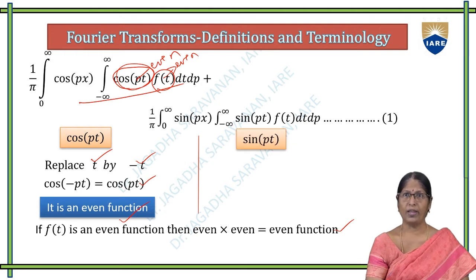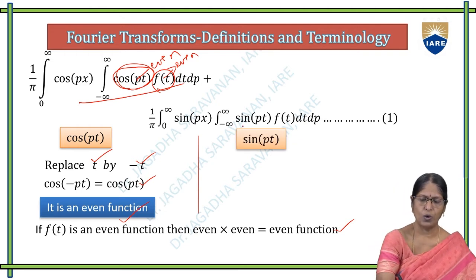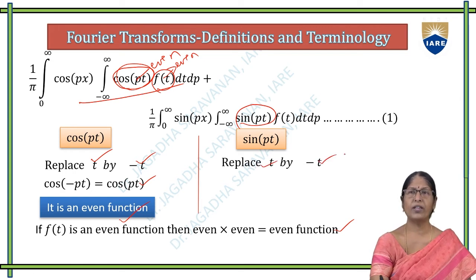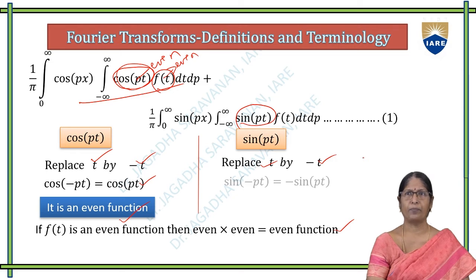The next one, from here we take sine of pt and do the testing. When testing, t is replaced by minus t. So sine of minus pt, that is sine of minus theta, is nothing but minus sine theta.